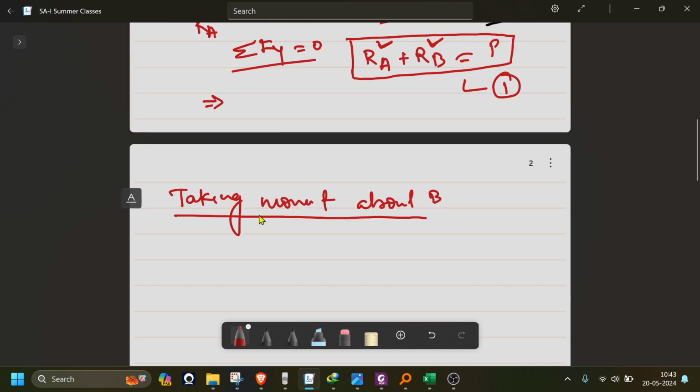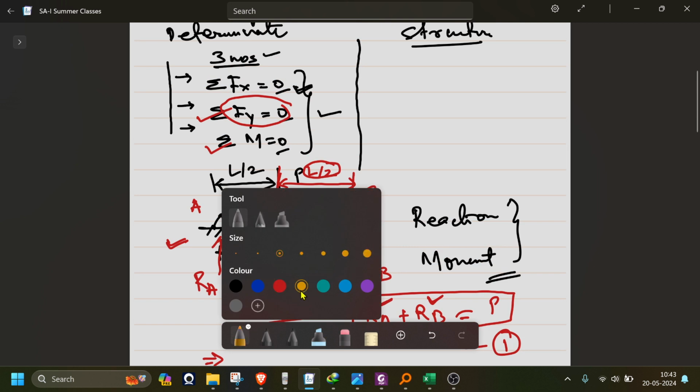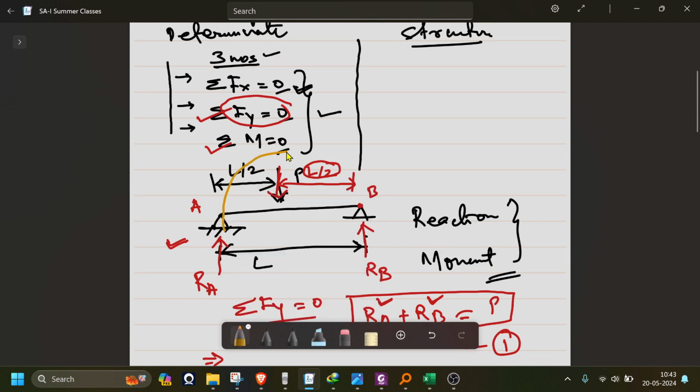So if I take moment about B, RA into L minus, because RA, which kind of moment is it making? If I take this as support, this force will be making a clockwise moment, and this force P is making an anti-clockwise moment, right?